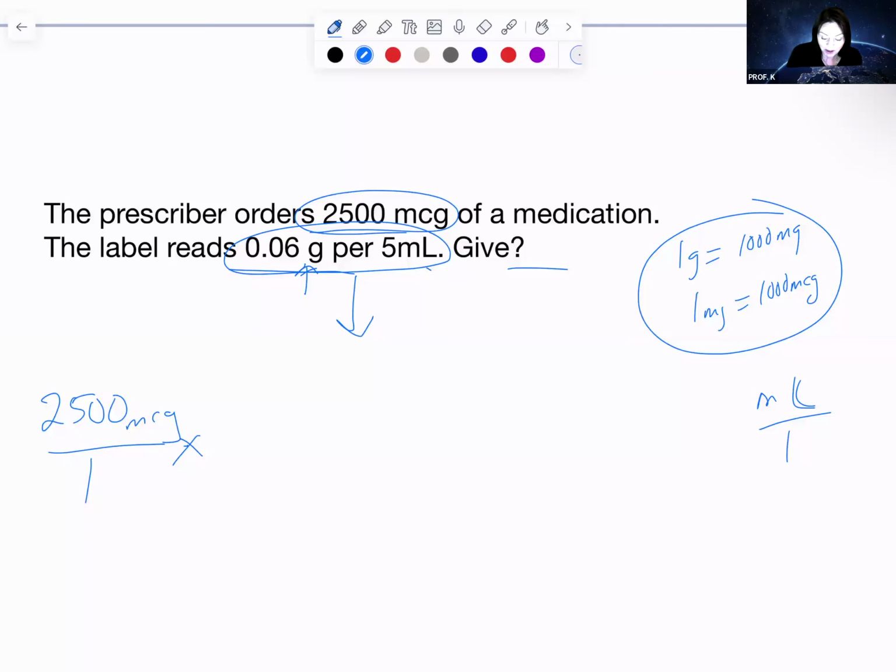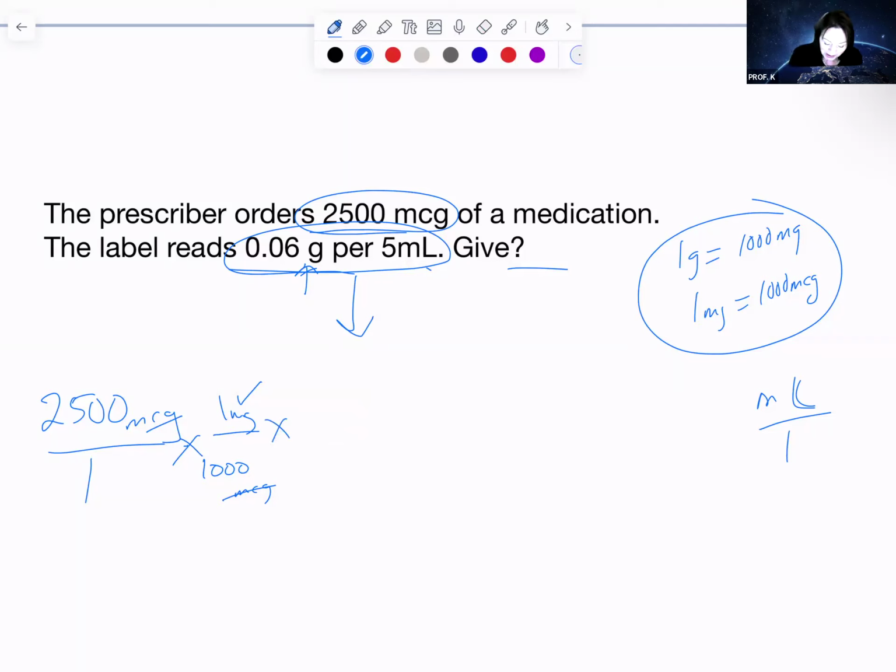So how do I get rid of micrograms? So it's going to be 1 milligram is 1,000 micrograms. That crosses off my micrograms. Now, how do I get rid of milligrams? I did it backwards again, everybody. Woo! I think I need a CAT scan. I'm getting tired. 1 milligram is 1,000 micrograms.